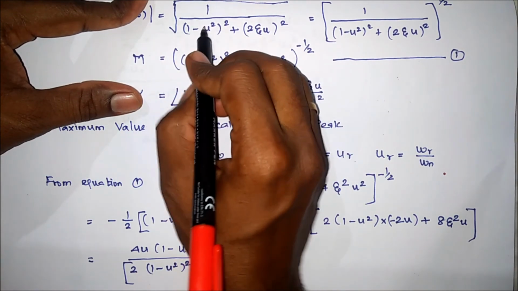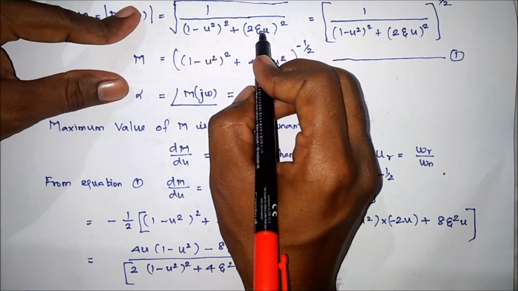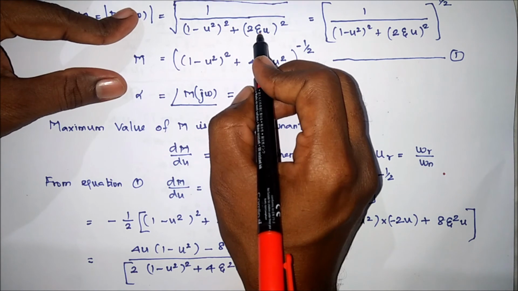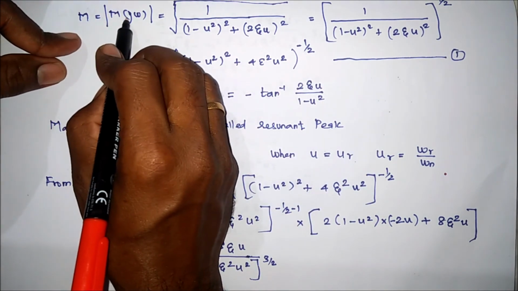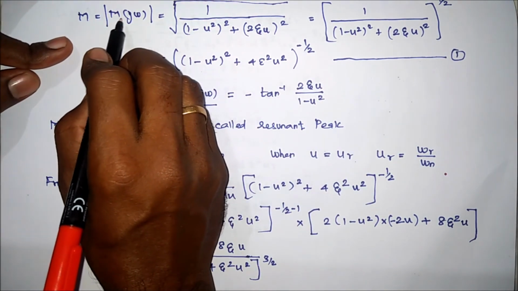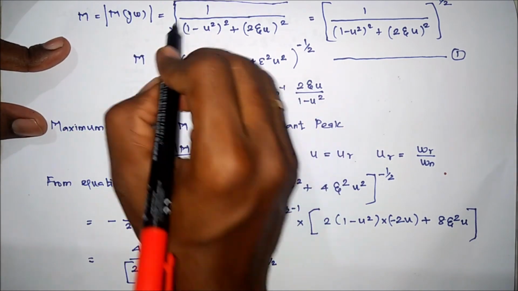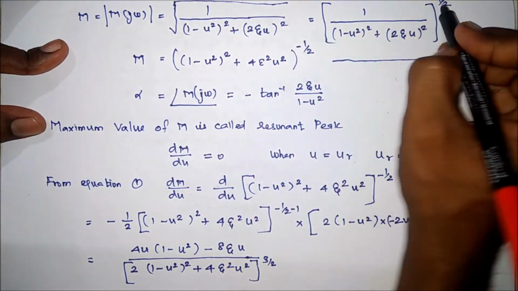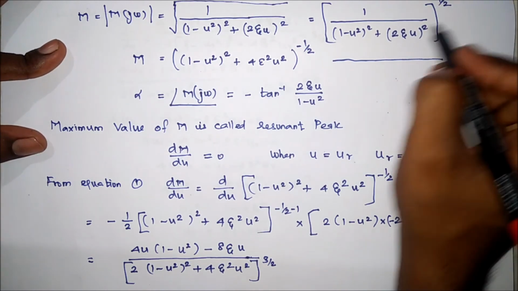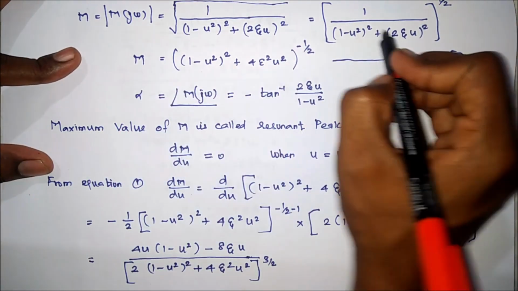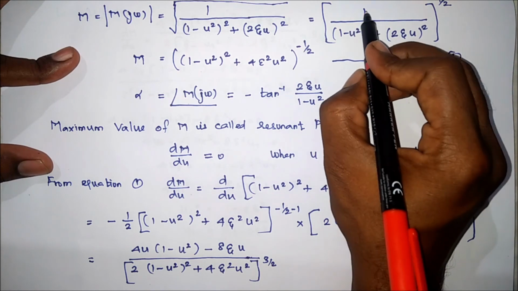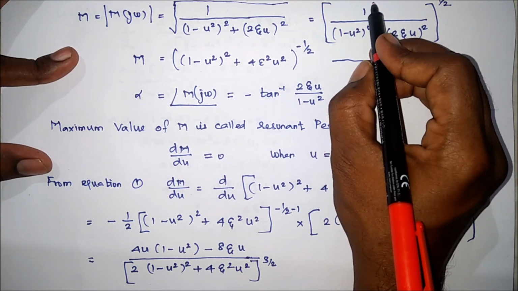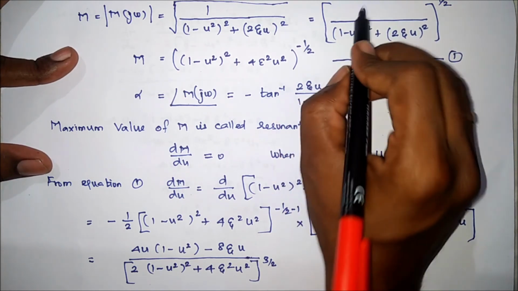Square root of 1 divided by real part square plus imaginary part square equal to magnitude of this transfer function. So now instead of the square root, we can write the entire value into whole power 1 by 2. So now M equal to, so now suppose here 1 is available, 1 power 1 by 2 or square root of 1 is 1.